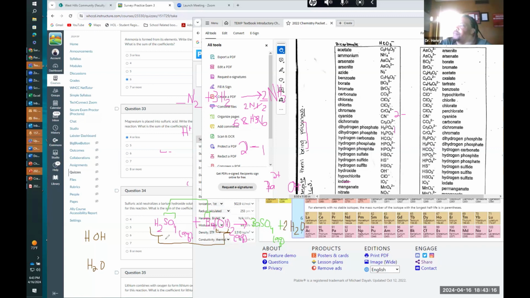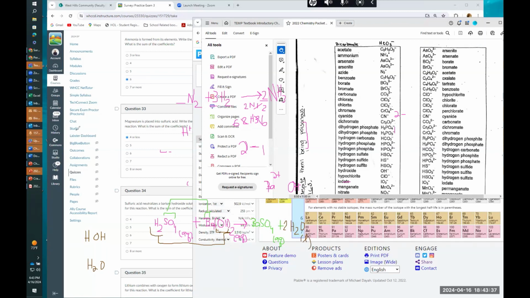Then everything else should be balanced out. Check to be sure. We have 1 barium, 1 barium, 1 sulfate, 1 sulfate, 4 hydrogens, and 2 oxygens. So that would be our chemical equation.